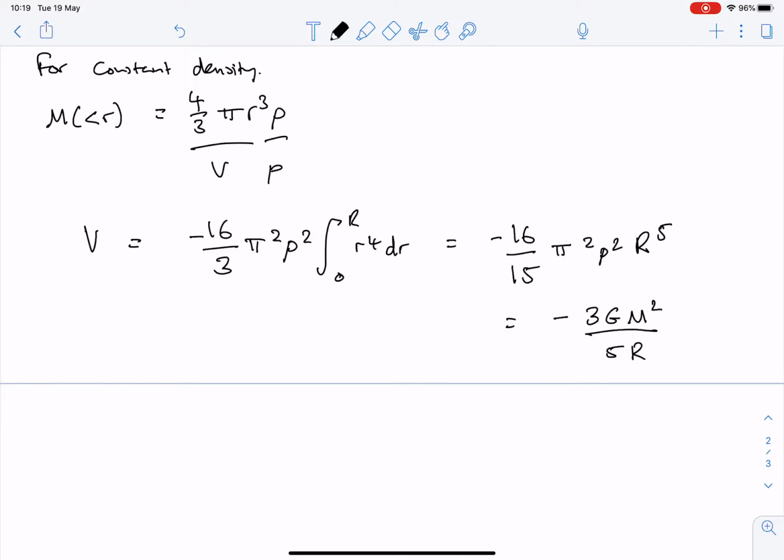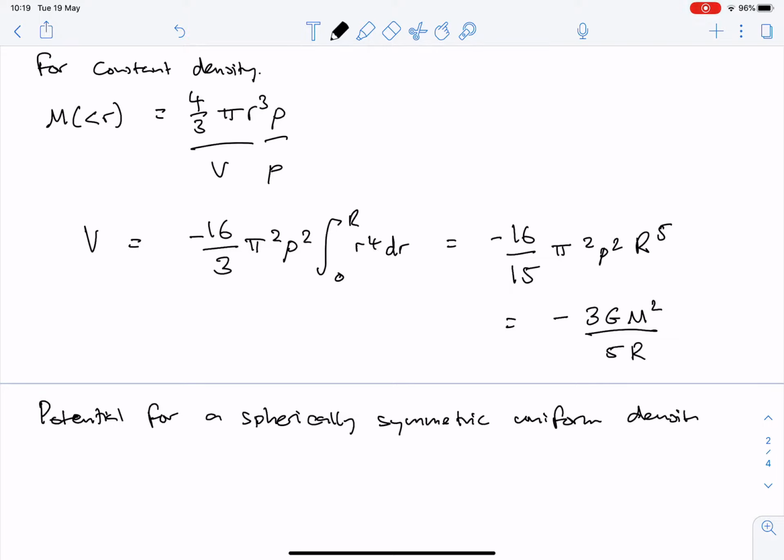So this is the potential for a spherically symmetric uniform density sphere or distribution. And you can see, if you wanted to, you could make that more complicated, because you could make rho dependent on r. You could do this integral for some more arbitrary distribution or something that was a bit more squashed or anything. The integral becomes more complicated.